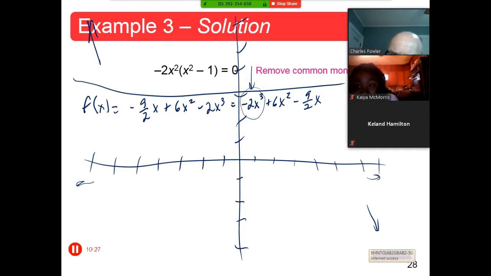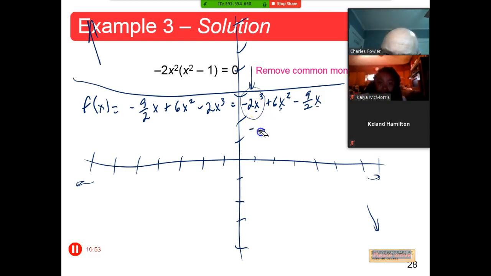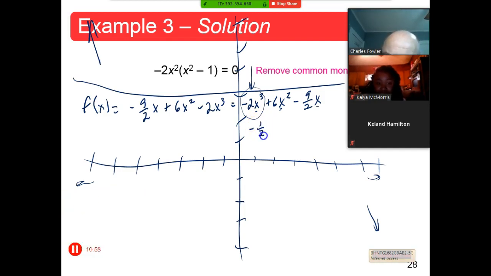Are there any common factors in here? X's, exactly. So let's factor out minus x over 2, or minus 1/2 x. Maybe let me write it that way. That might be easier to wrap your heads around.